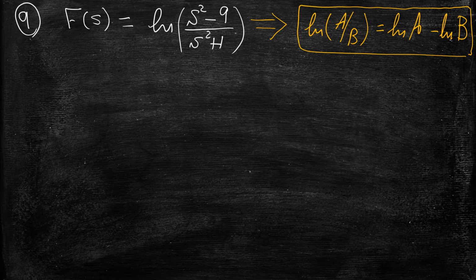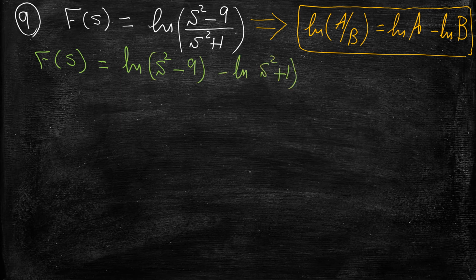So right now I can write down this F of s as ln of s squared minus 9 minus ln of s squared plus 1. And then we can do the same thing, just get the derivative.